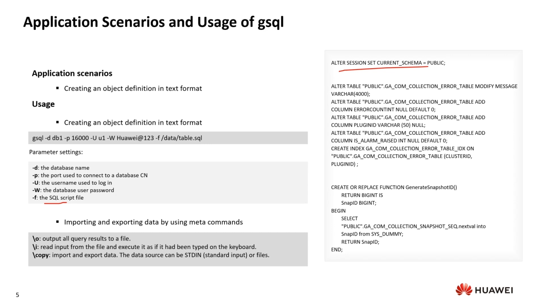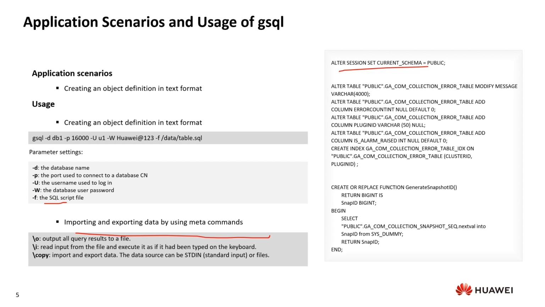We can also use the following meta commands to import and export data after a database is connected using gsql. The \o is used to output all query results to a file. When running this command, we can add the file name to output the query results to the corresponding file.